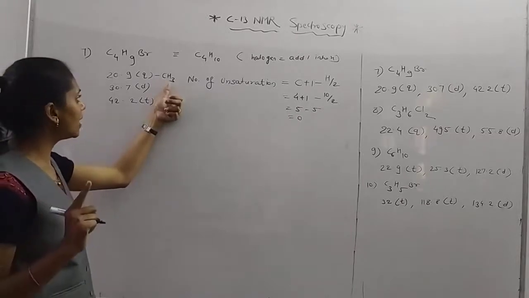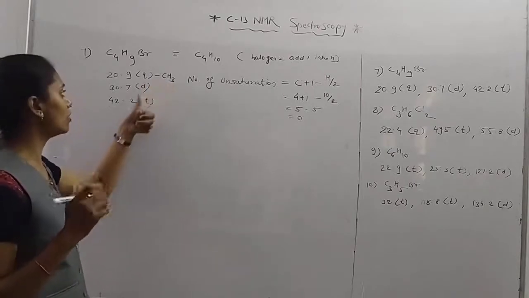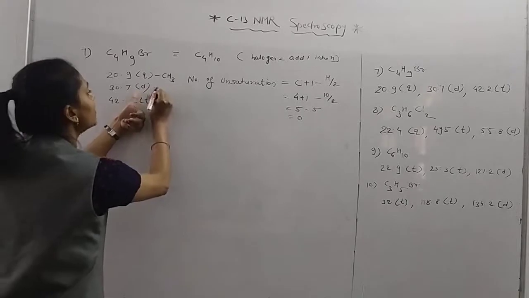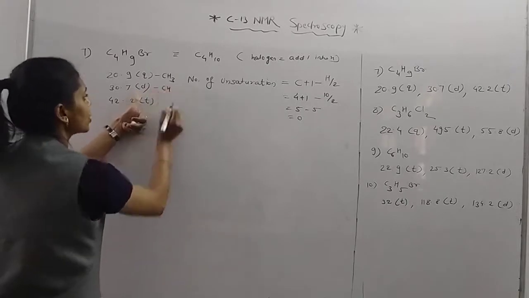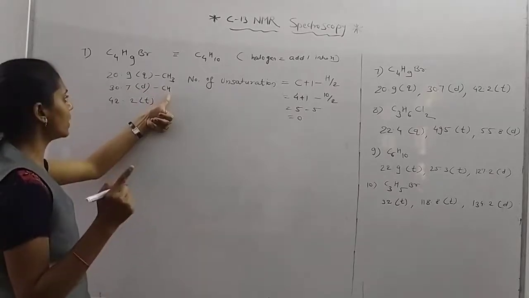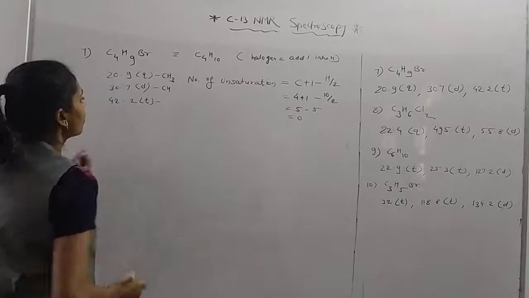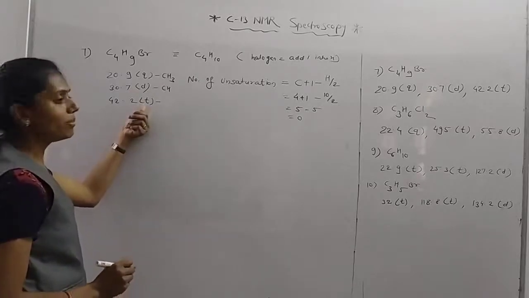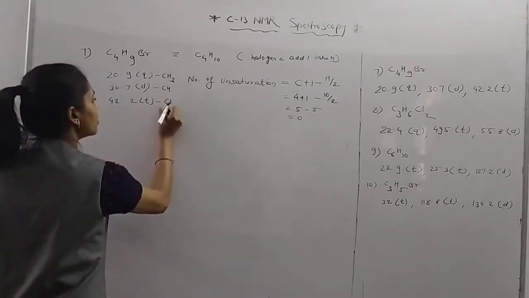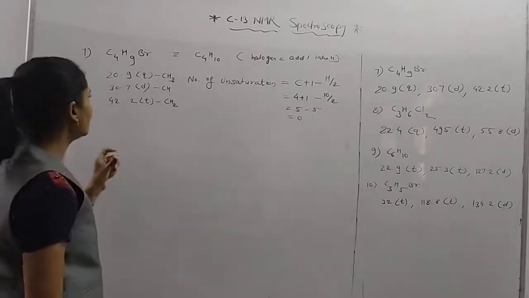So 3 hydrogens plus 1 is 4, and 4 means quartet. Doublet means 2, so CH has 1 hydrogen plus 1, that means doublet. Now this triplet: which functional group is there? There is a CH2 group.